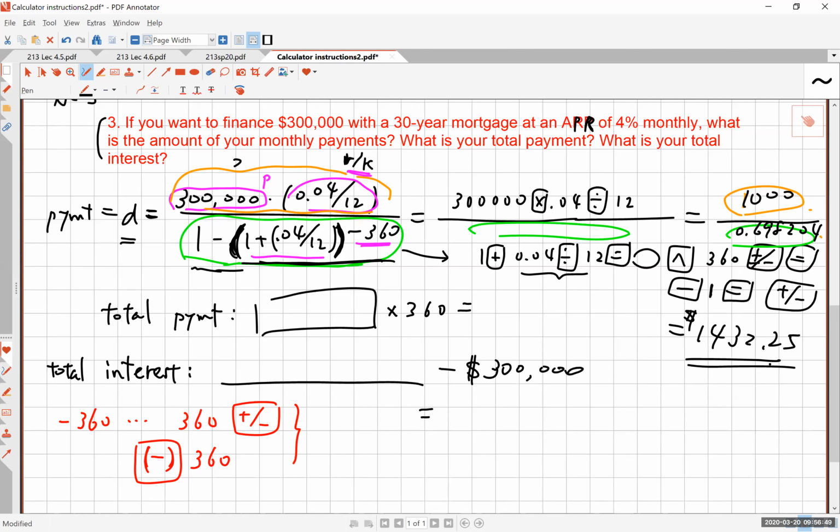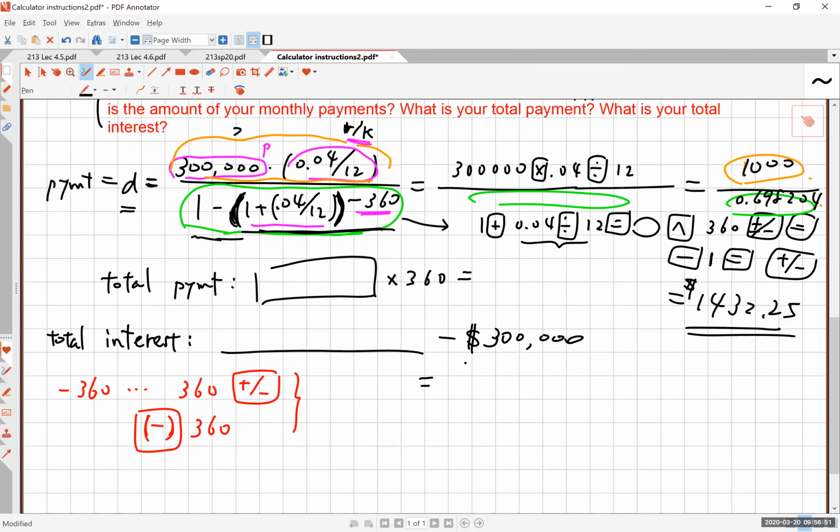All right, and then I will just show you, since we are in this PDF file, this is the amount you will have to pay every month. And how do you find the total payment? Well, because you are making this payment 360 times to buy that house, to complete your obligation in this 30-year mortgage, you just multiply this by 360.